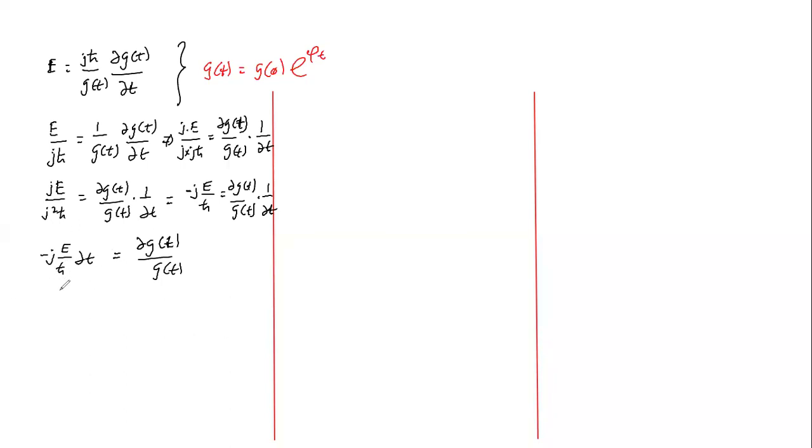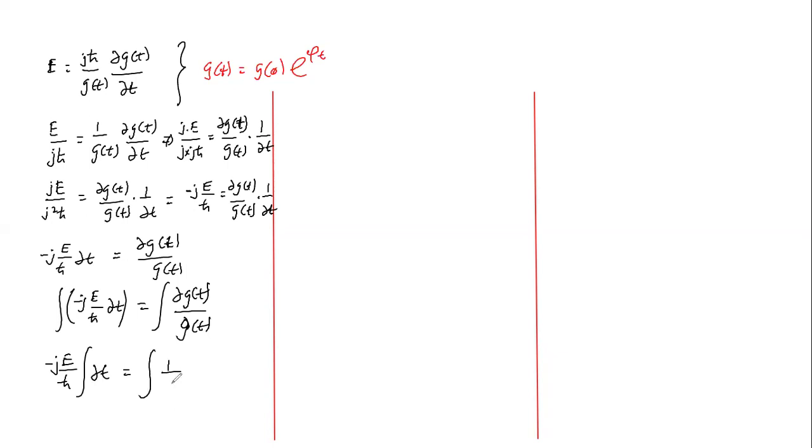So if we integrate both sides, we have the integral of -jE over ħ dt is the same as the integral of dg(t) over g(t). So this is going to give us -jE over ħ integral dt, which will be the same as the integral of 1 over g(t) dg(t), all right?